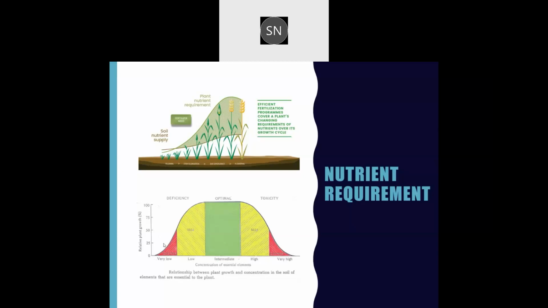Extreme low level and extreme high level of nutrient cause toxicity and deficiency. If mild, it will cause deficiency, and you can see it in the colors. If optimum level, your plant growth will be 100%. For example, take paddy. If paddy can grow 1 meter, that's the optimal level.